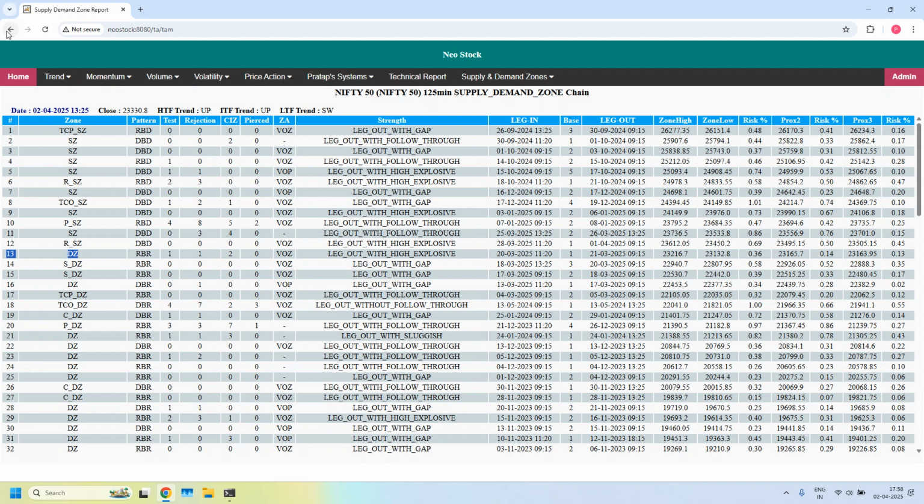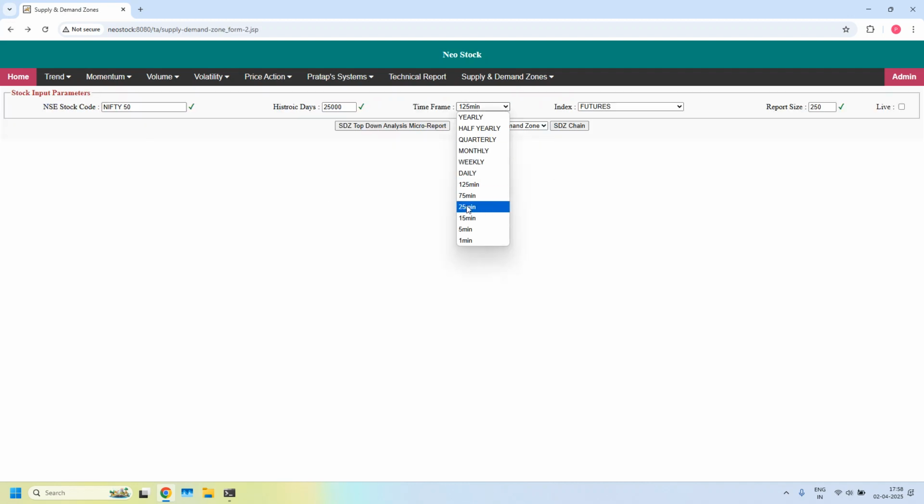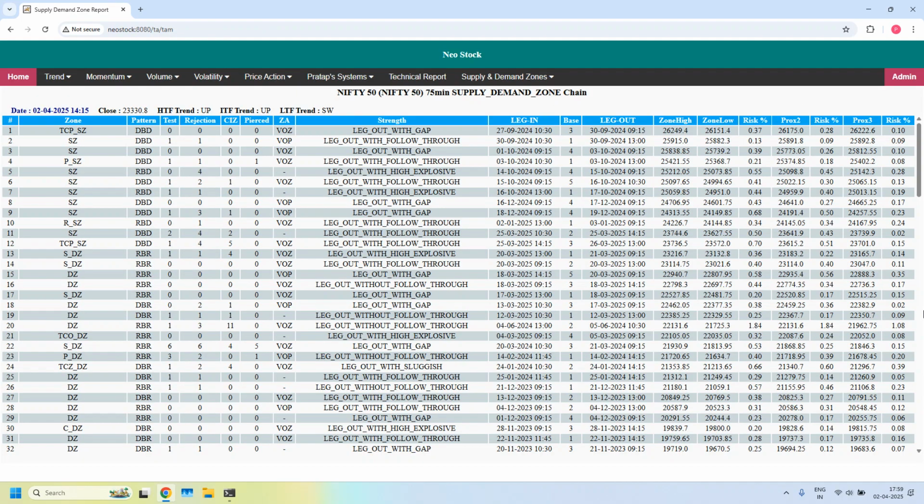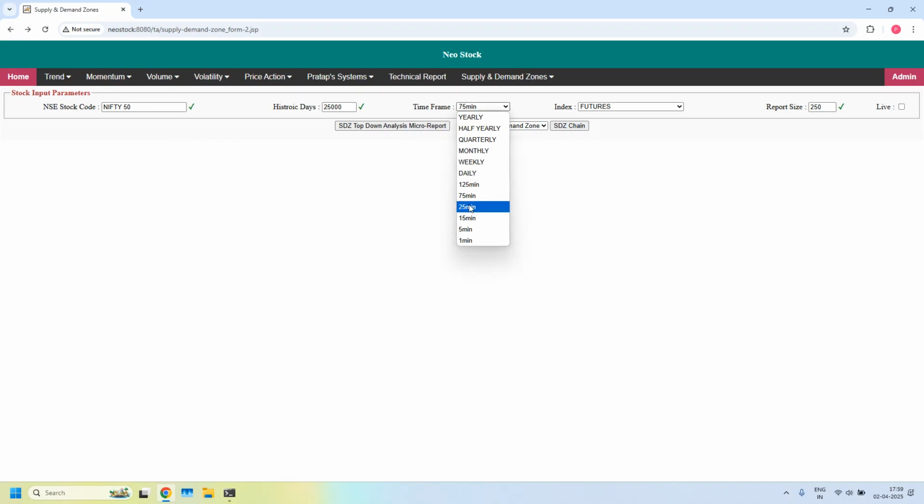Okay, next, 75 minutes supply demand zone chain for Nifty. Okay, next, generating 25 minutes supply demand zone chain for Nifty.